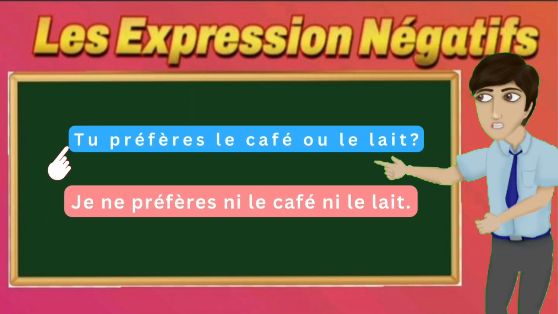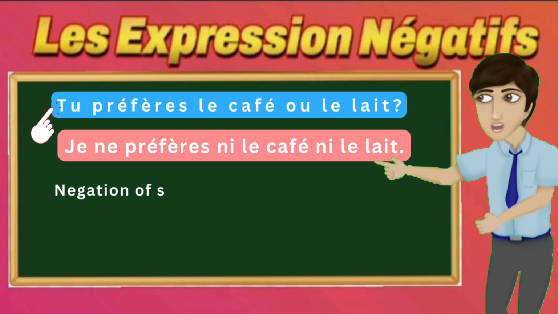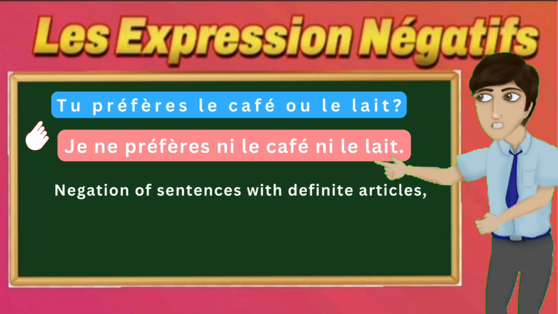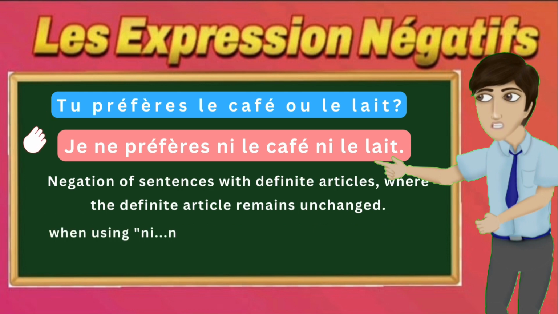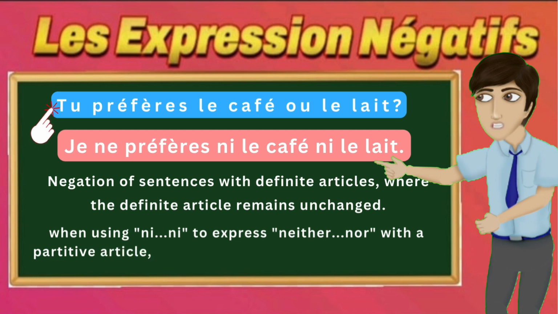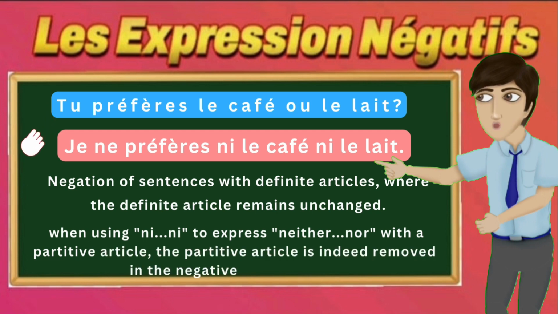In the previous sentence, we discussed the negation of sentences with definite articles, where the definite article remains unchanged. However, when using ni to express neither or nor with a partitive article, the partitive article is removed in the negative construction.